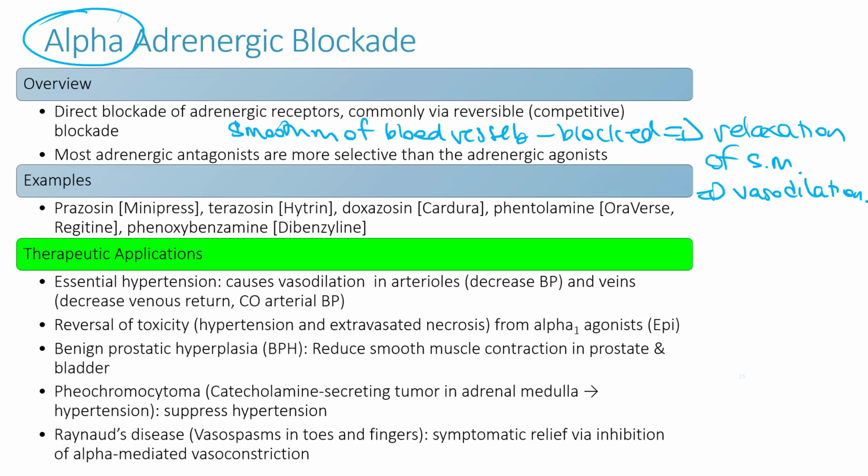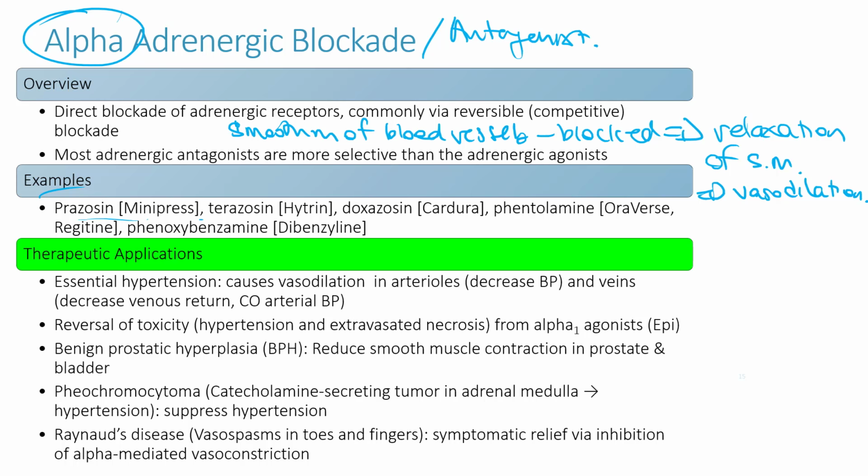Again, I've got an example of various drugs that act as alpha adrenergic antagonists. You don't have to memorize those drugs per se. And I've got here a list of therapeutic applications of alpha receptor antagonists.